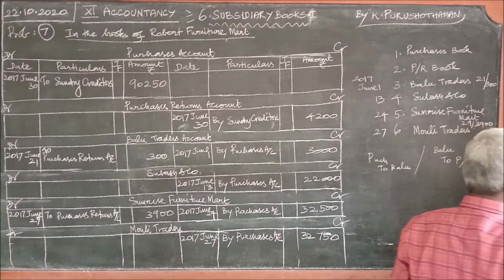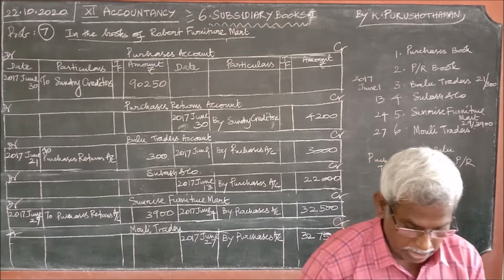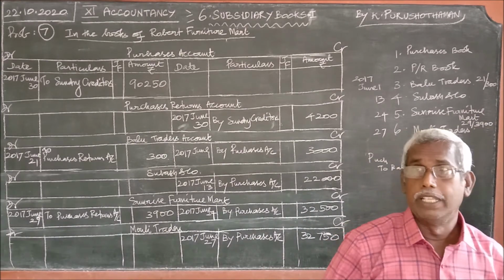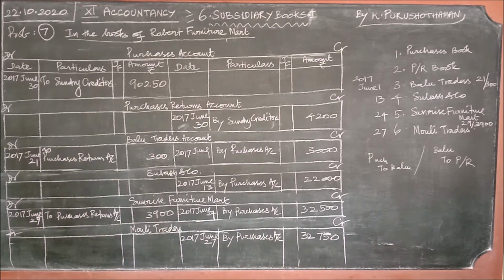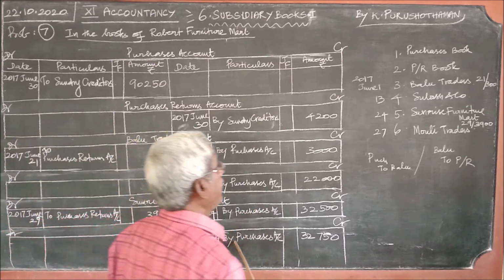Once again, I repeat how you should prepare the ledger accounts from subsidiary books. We prepared the purchases book and purchases return book already. They are subsidiary books. From those two subsidiary books, we post the entries in the necessary ledgers.